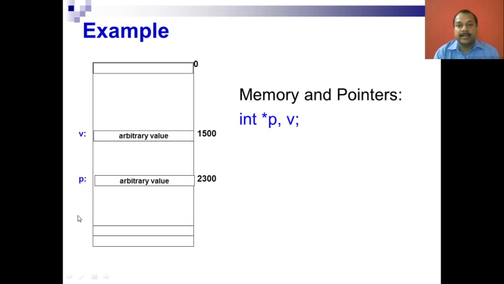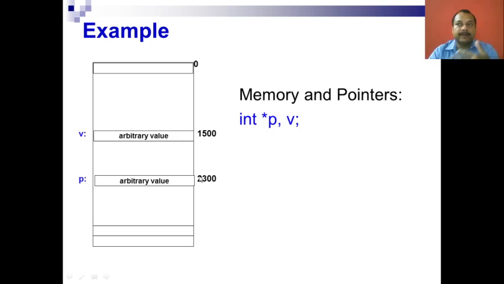Now we are not initializing these two with any value, and also v is not declared as any static variable, so no initialization. So what will be the value? Before the allocation of this memory to v and p, there was some value. Value means some zeros and ones.